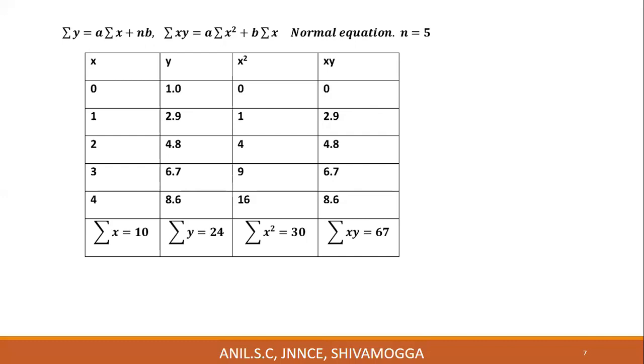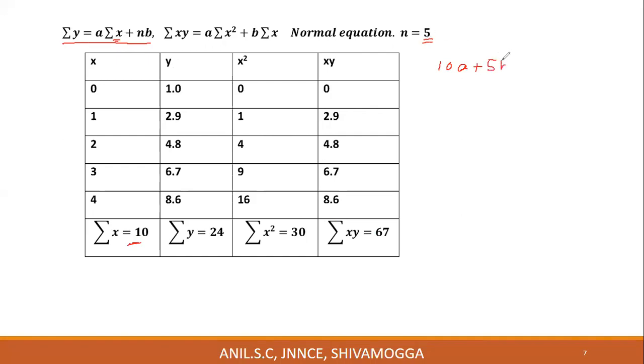And I copied the 2 normal equations here. Let's substitute in the first normal equation: a into summation x, and summation x is 10. Therefore, we get 10a plus n into b. n is equal to 5.